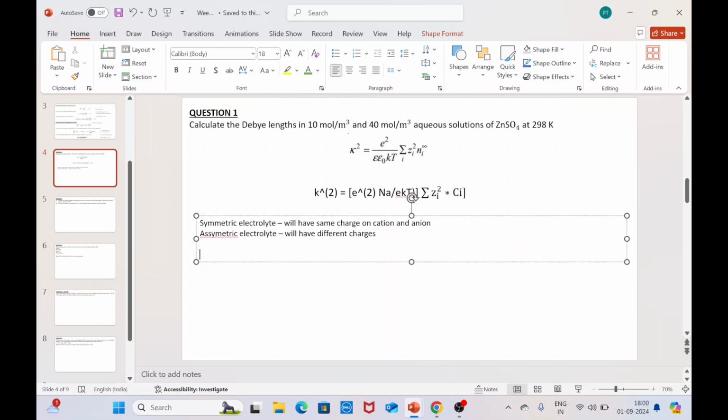So again, as someone said rightly, for here the Z value is 2, and so your Ci for the first case A is nothing but 10 mole per meter cube.